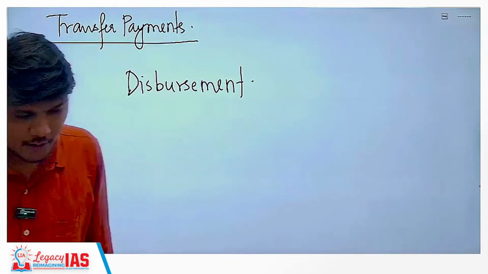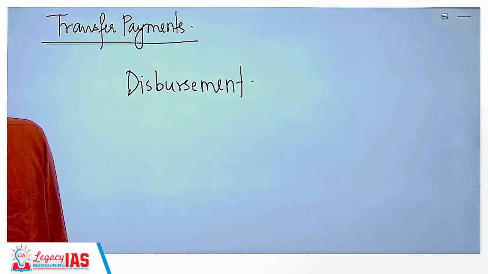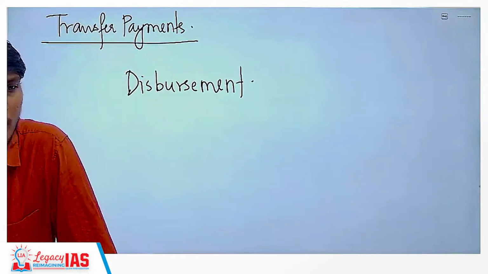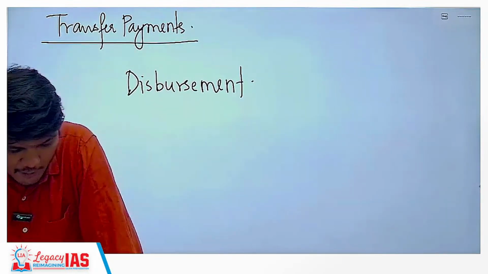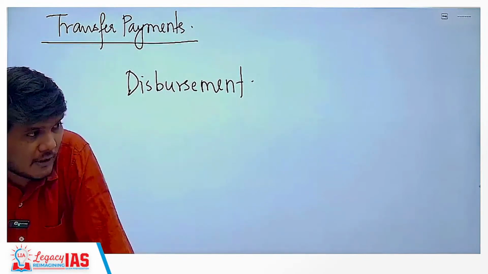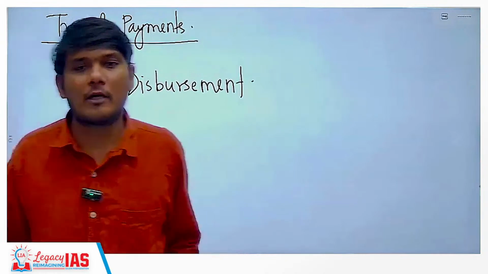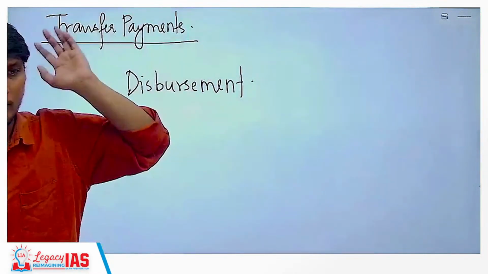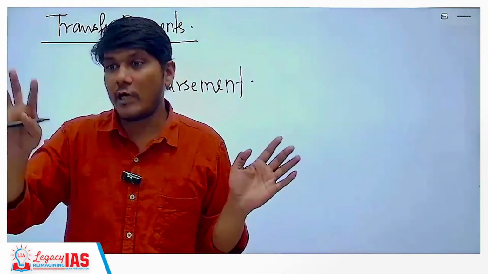Meaning, these individuals are not providing any economic output. The government is giving it for free. You don't have to do any work for that. That is your transfer payment.